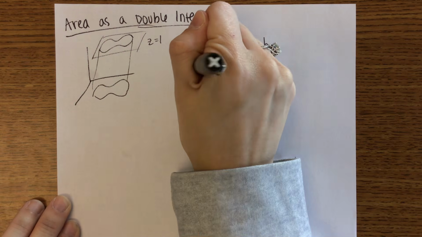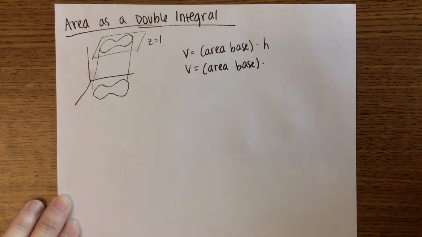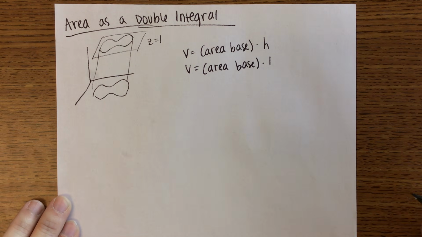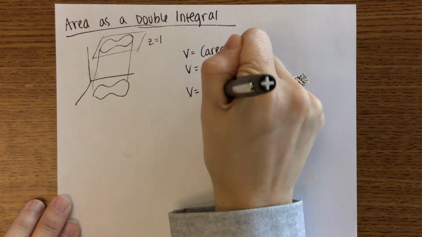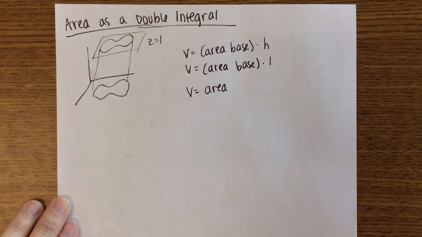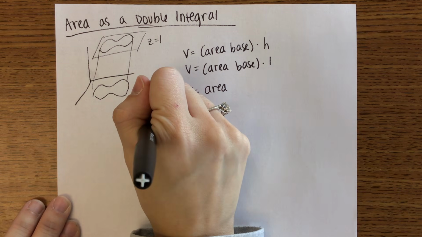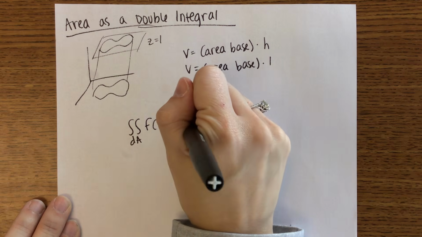In this case, the one that I drew, what is the height of our figure? 1. Because we're at z equals 1. So this is the special case where volume is actually equal to area. So this is volume using a double integral.